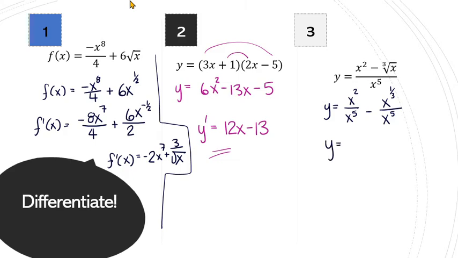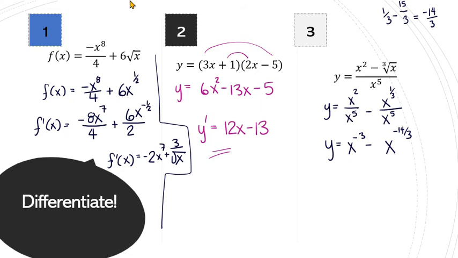So x squared over x to the 5 is the same as x to the power of 2 minus 5, x to the power of negative 3. This one's a little uglier. I need to do 1/3 minus 5. Remembering, if I want to change 5 into a number over 3, it's 5 times 3, 15 over 3 is the same as 5 when you express it as a fraction. So 1 minus 15, negative 14 over 3. Not pretty, but gets us to one variable. x to the power of negative 14 over 3.